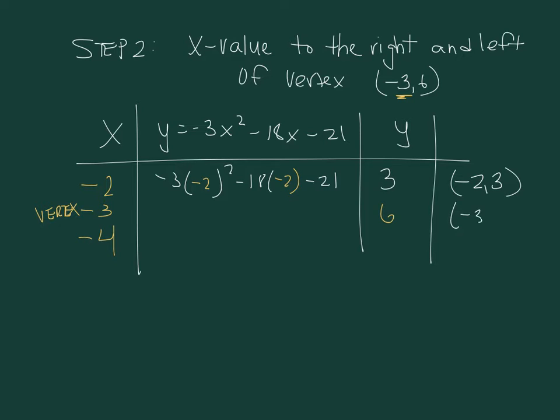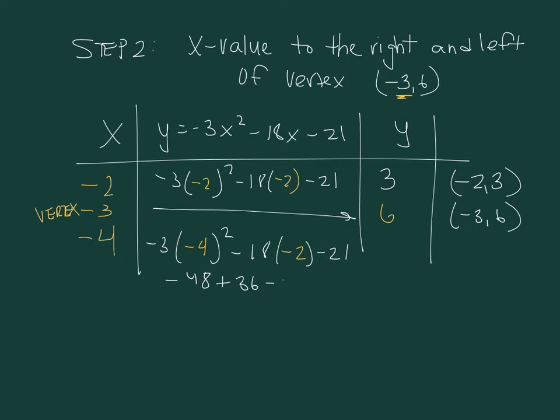This is the vertex, negative 3, comma 6, and now I'm going to plug in negative 4. Okay, so negative 4 squared is positive 16. 16 times negative 3 is negative 48 right here, plus 36 minus 21.